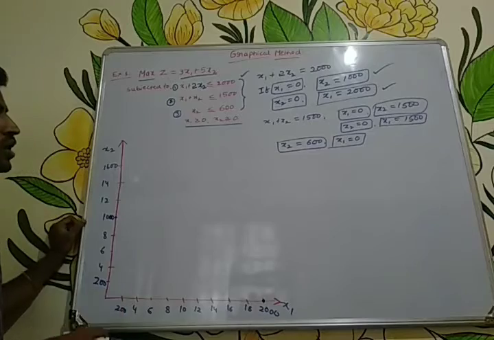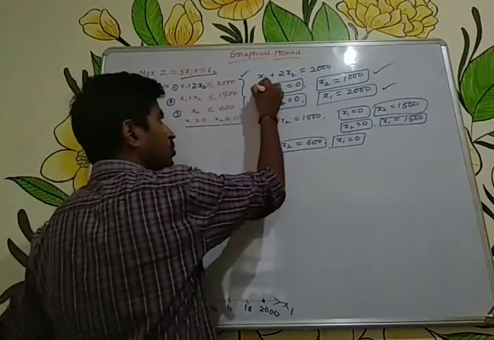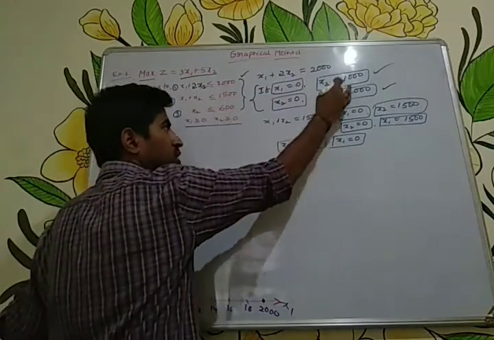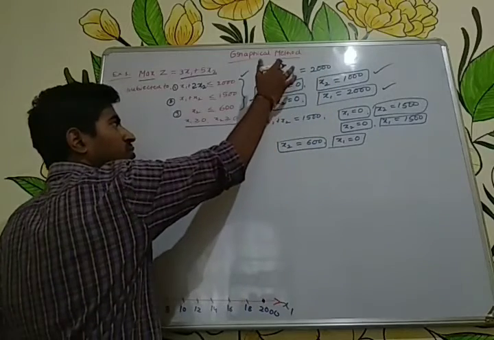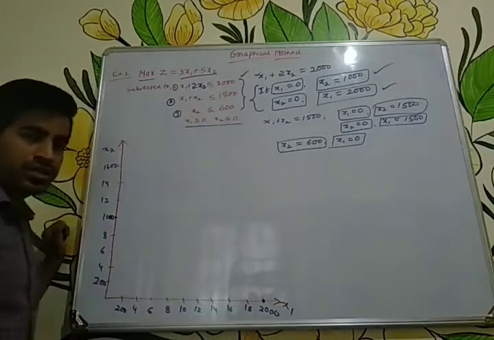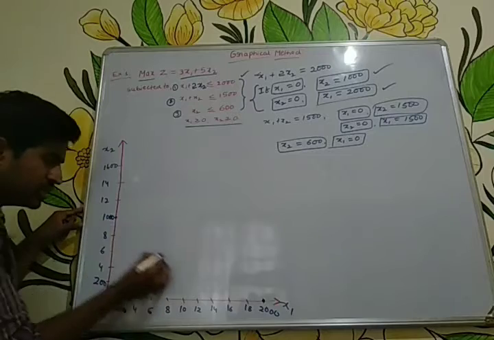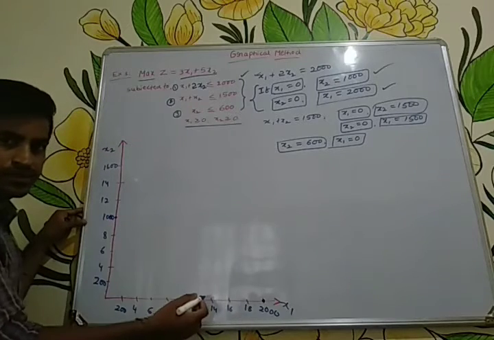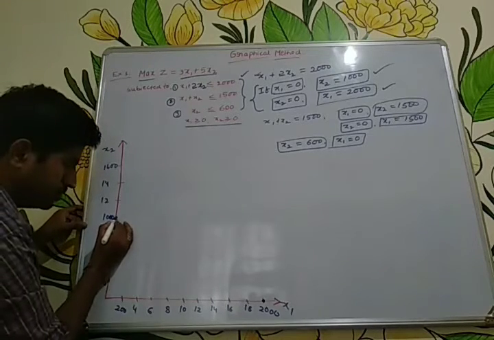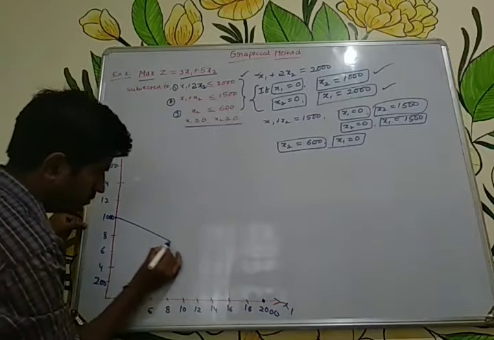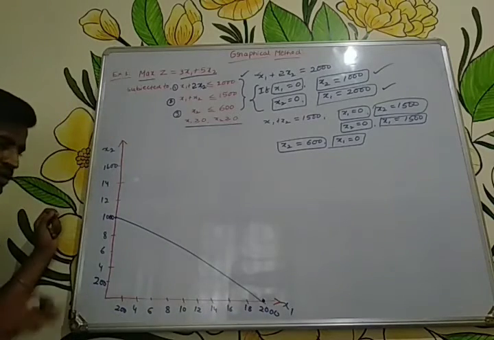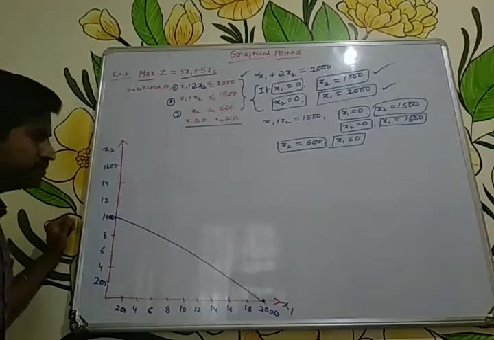So this is all about the first equation, these are the 4 values related to the first equation. By using these 2 points, let us join them with a straight line like this.